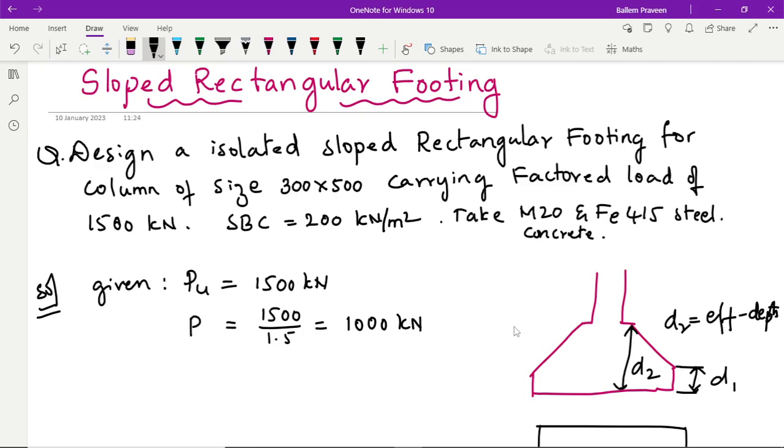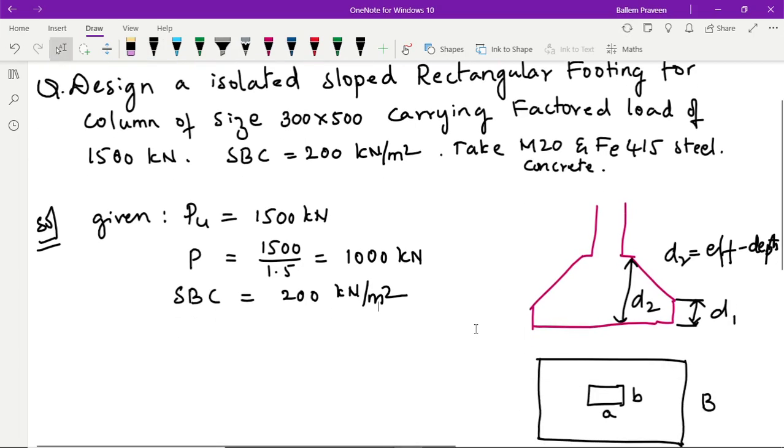This is your P, and he has also given the safe bearing capacity SBC of soil, that is 200 kilonewton per meter square. And he has given the column dimensions, column size 300 by 500.